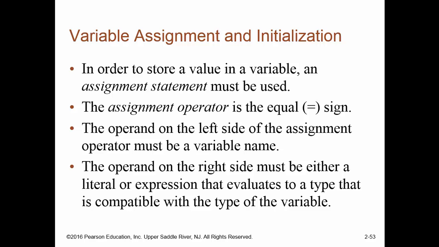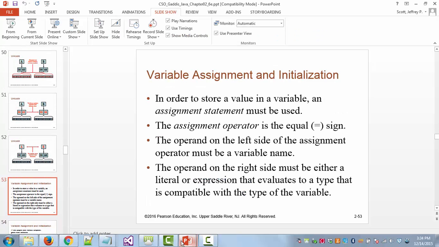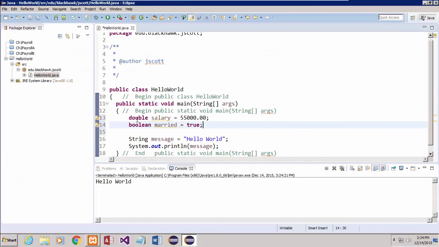All right. I already mentioned to you before about variable assignment and initialization. Now, the author of this book, what I showed you before was, if I say double salary, that's a variable declaration.